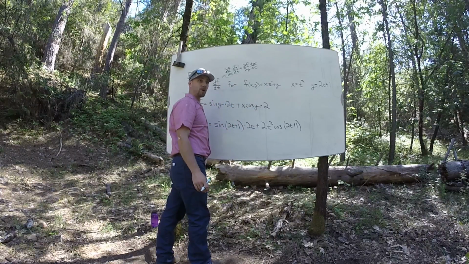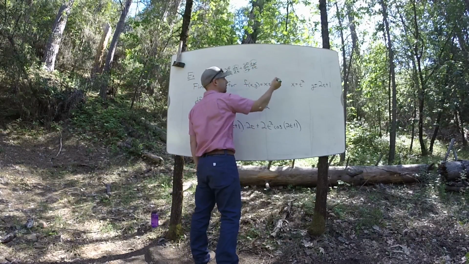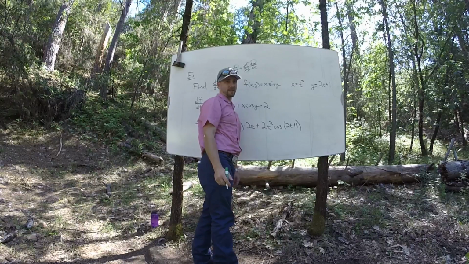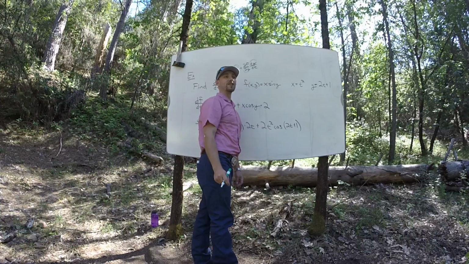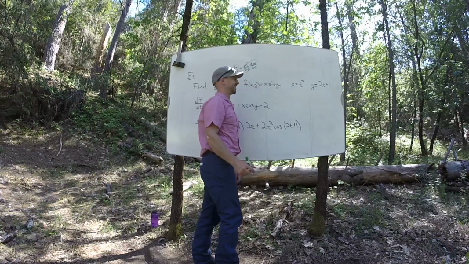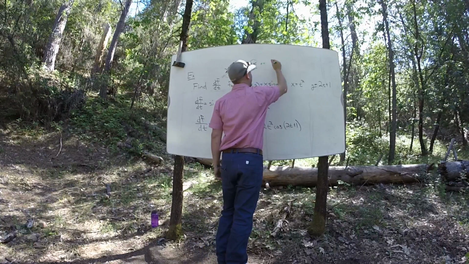If you thought about canceling both of these pieces, what would you get? You'd get the partial f over dt when you add it together. So you'd get two of them, and two partials make a whole if you have two components.